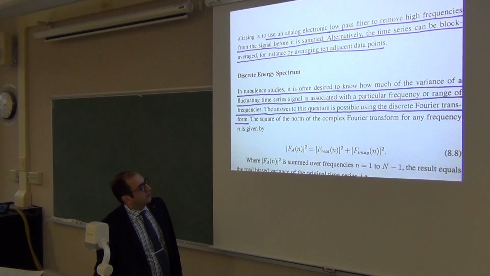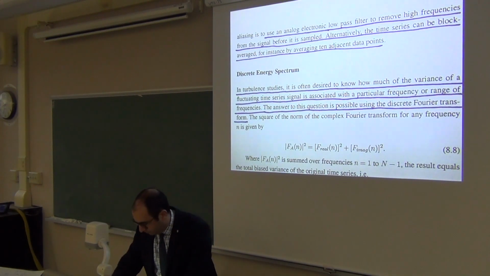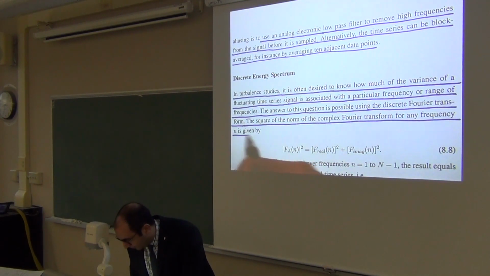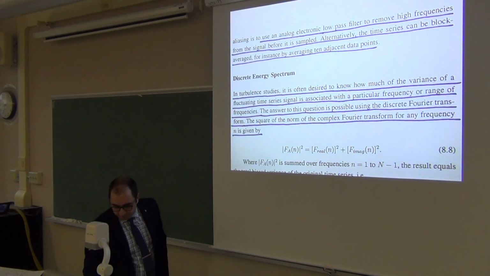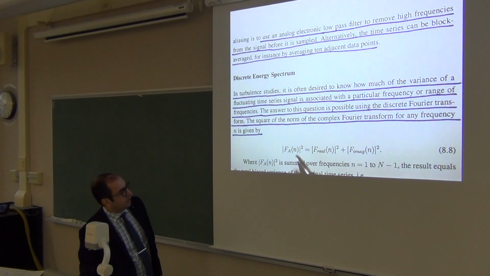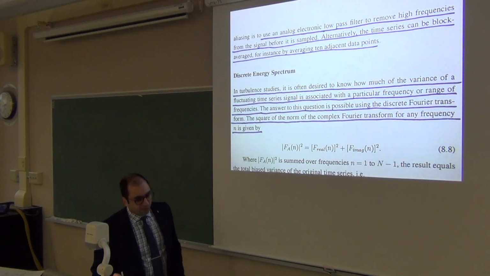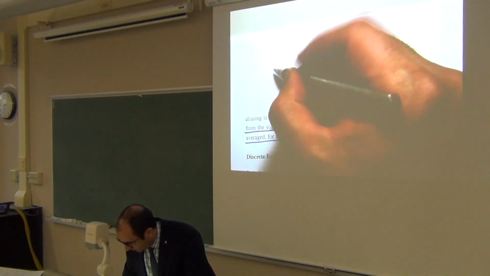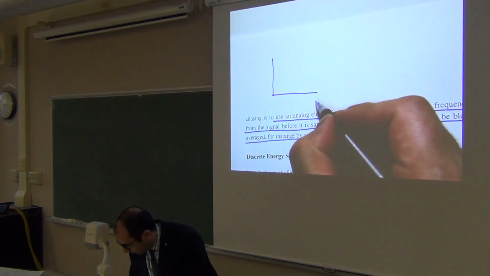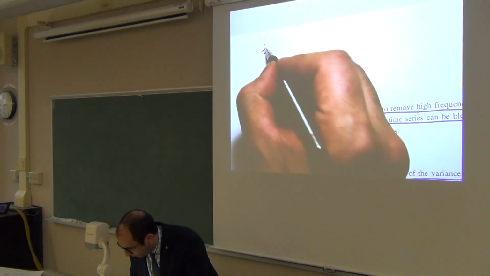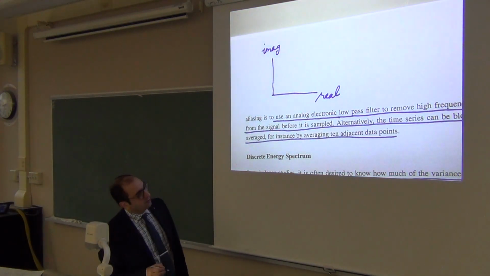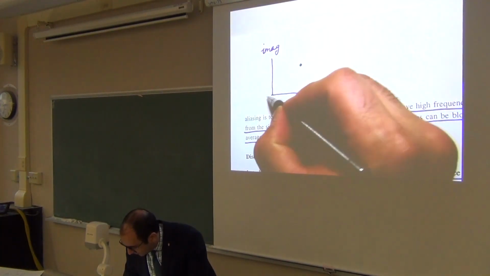The square of the norm of the complex Fourier transform for any given frequency n is given by this expression. So the norm squared of the Fourier transform is the square of the real part plus the square of the imaginary part. Why am I saying this? Because it helps to visualize any complex number in a two-dimensional plane, where the horizontal axis is the real part and the vertical axis is the imaginary part.